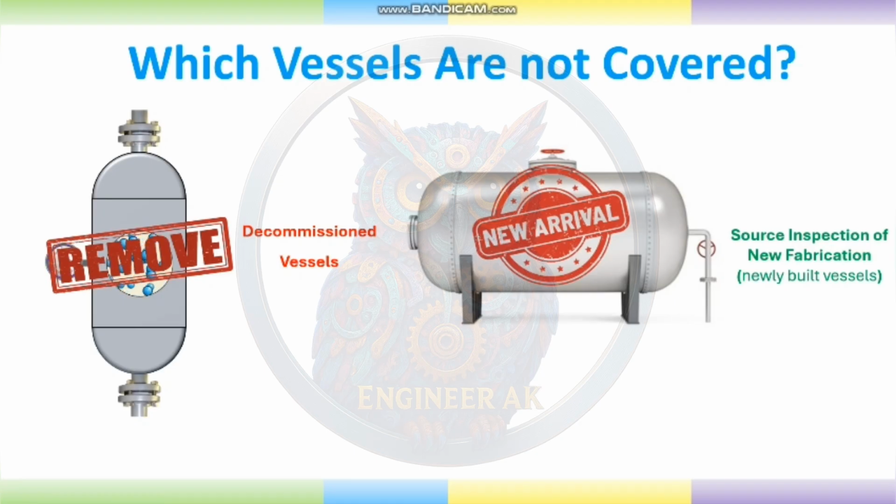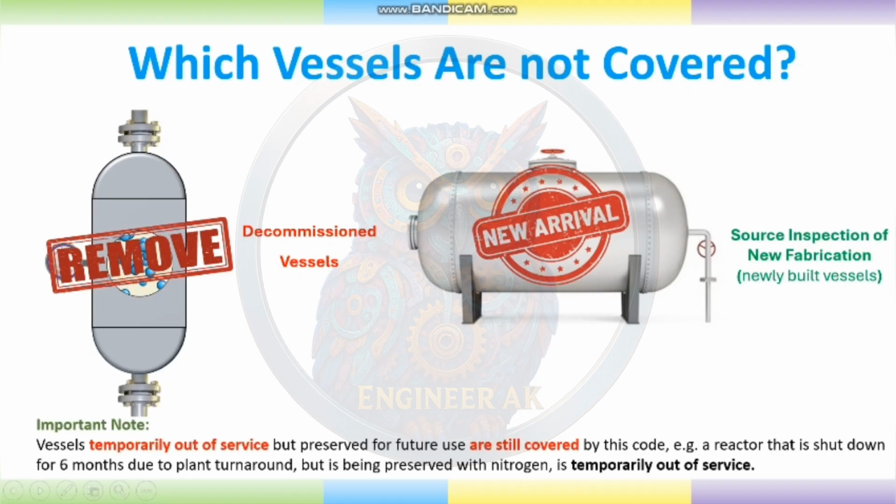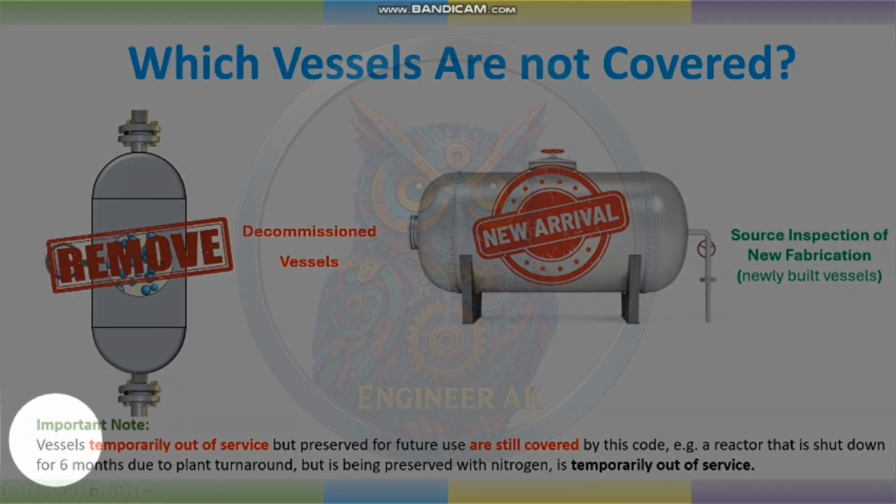A special note here is, for example, a vessel that is temporarily out of service but preserved for future use is still covered by this code. A reactor that is shut down for 6 months due to a plant turnaround but is being preserved with nitrogen is temporarily out of service.